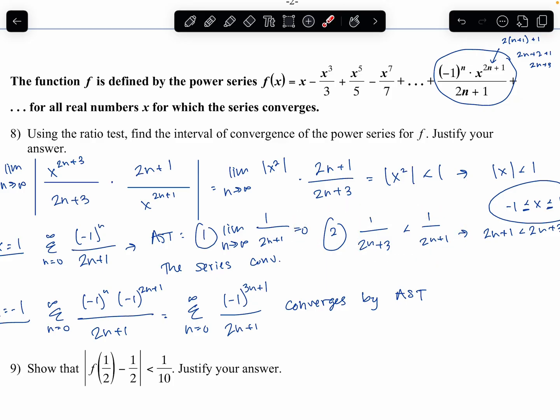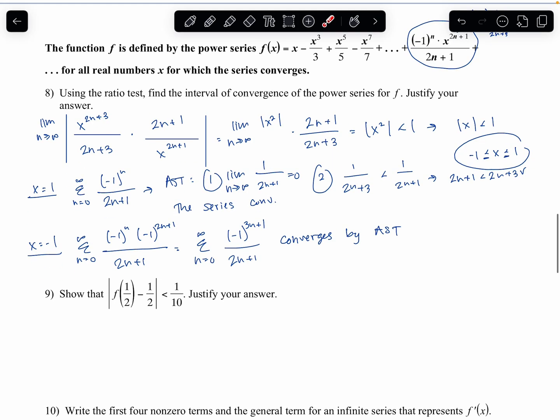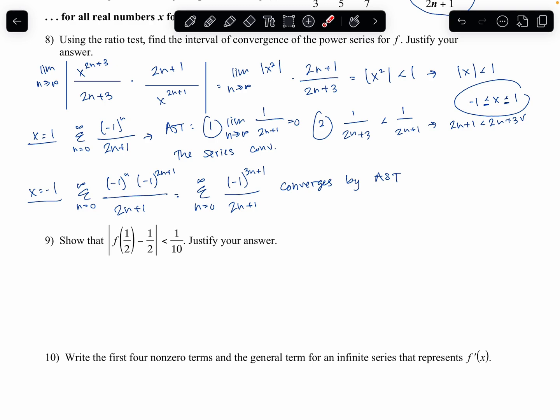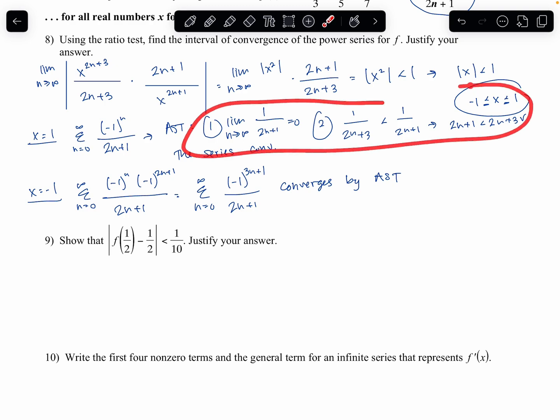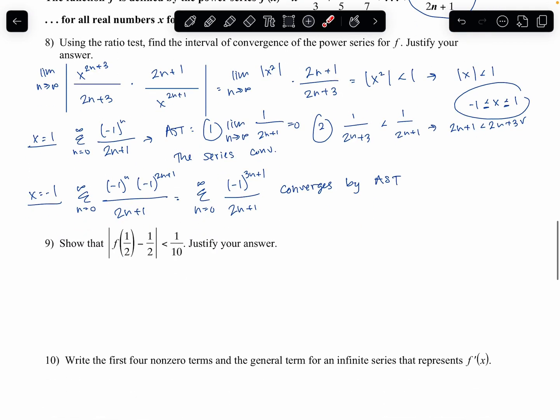So by the alternating series test, it converges. That's actually really nice. I probably am going to start using that from now on, because writing this can actually be a pain. But if you know that this is true and that the limit is equal to 0, then you can say that the terms decrease in absolute value to 0. That's the alternating series test, so it converges. So that's actually cool that you can just say that.